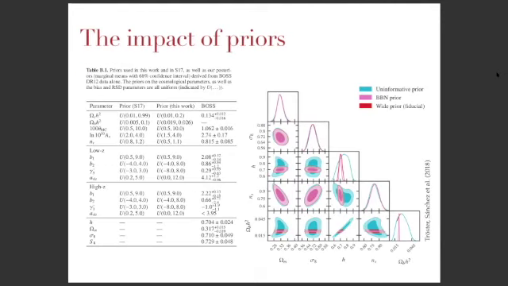So just a slide on the impact of priors. As I said before, your ability to constrain different parameters depends on the priors that you assume. So these are plots showing 3 different priors.